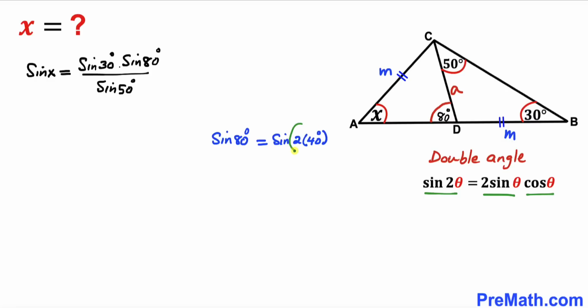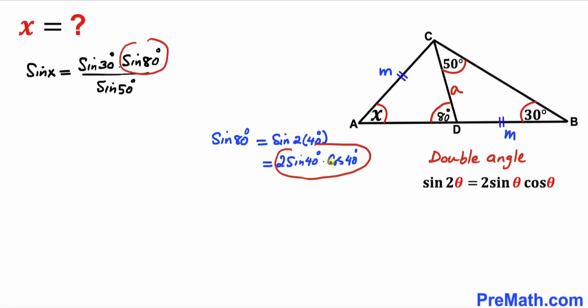And here we got double angle as well. We can write this thing as 2 sine of 40 degrees times cosine of 40 degrees. So therefore I'm going to replace this sine of 80 degrees by this whole 2 sine of 40 degrees times cosine of 40 degrees.